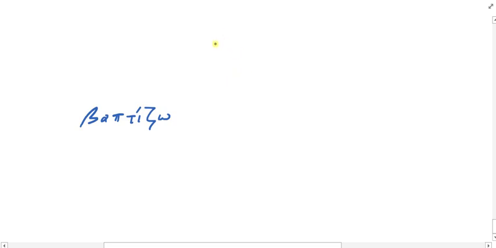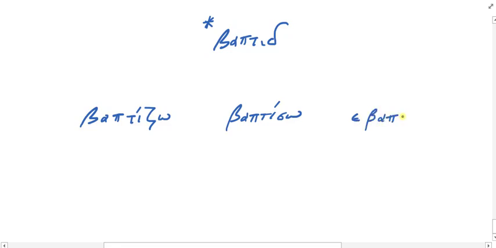So anyhow, the real root here is not baptid with a zeta, but baptid with a delta. Okay, so baptid is my real root. So I'm going to put the present active indicative baptizo here. The future is baptiso. I will baptize. And the aorist, I baptize, is ebaptisa.